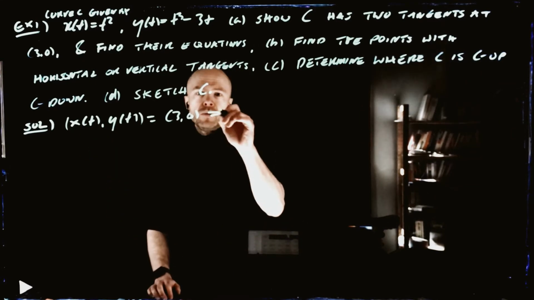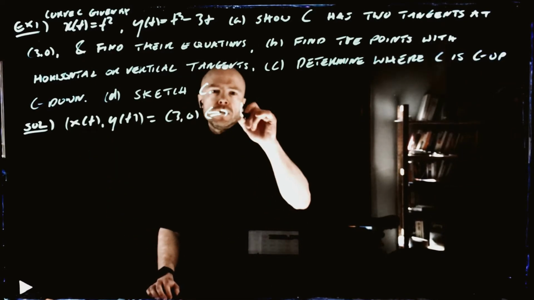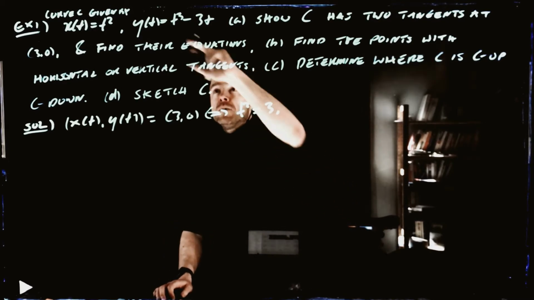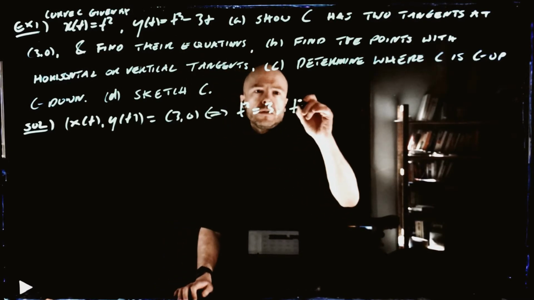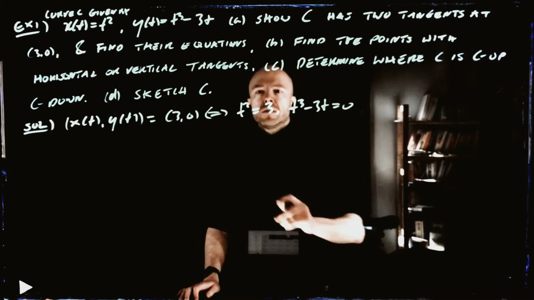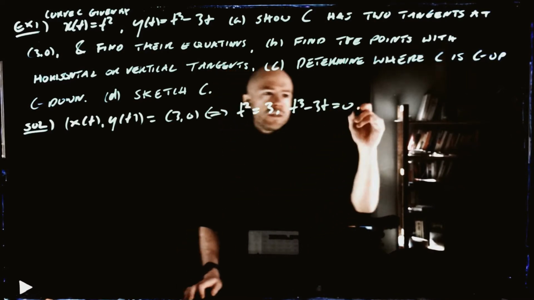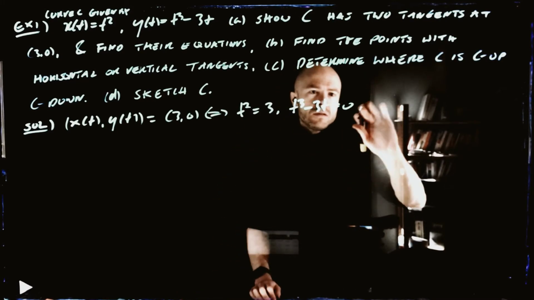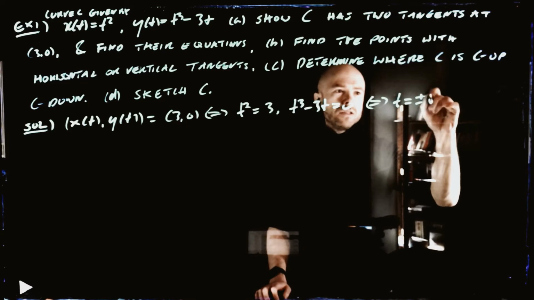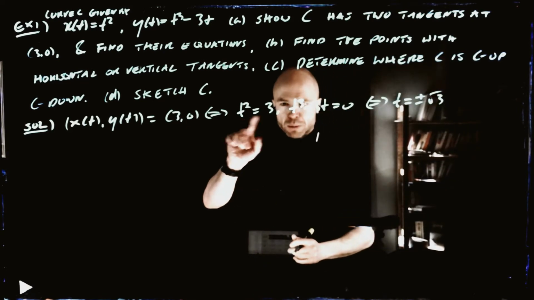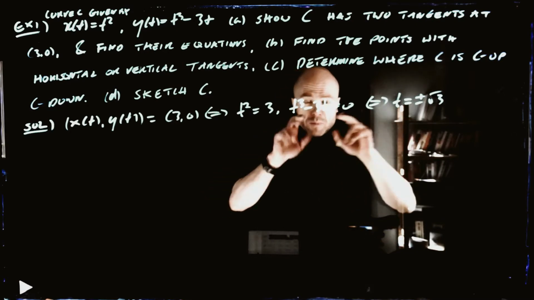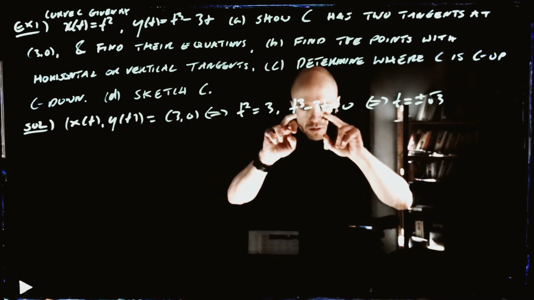Well, this implies that x, which is equal to t squared, is equal to 3, and y, which is equal to this thing, t to the 3 minus t, is equal to 0. So this happens when t is equal to plus or minus root 3, right? So we need t to be plus or minus root 3 for the first thing to be satisfied. And then if t is either plus or minus root 3, then that too is also satisfied.